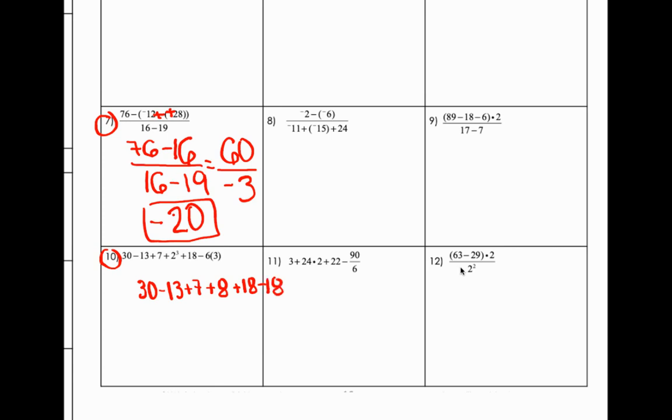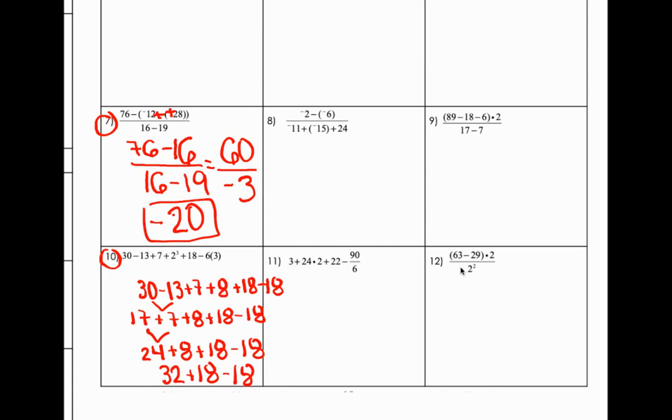So then we're going to work from left to right. So 30 minus 13 is 17. So we've got 17 plus 7 plus 8 plus 18 minus 18. So 17 plus 7 is 24, plus 8 plus 18 minus 18. 24 plus 8 is 32, plus 18 minus 18.